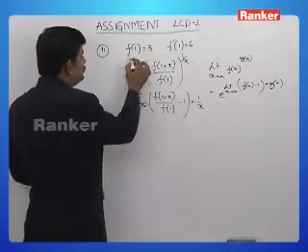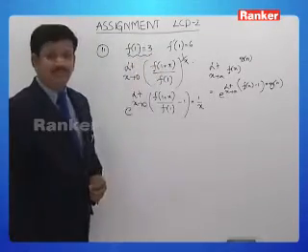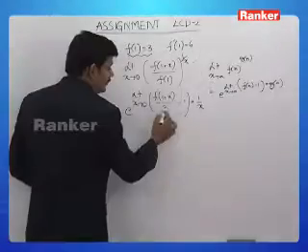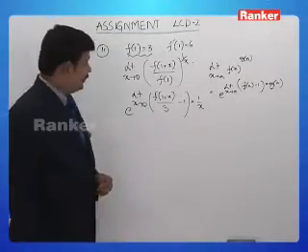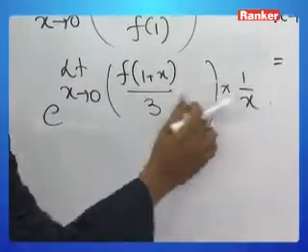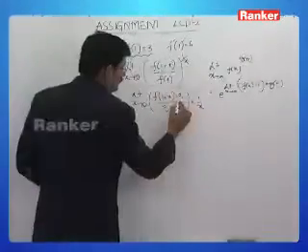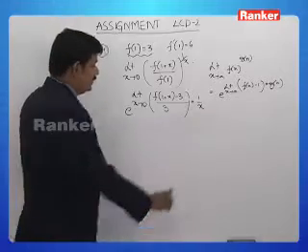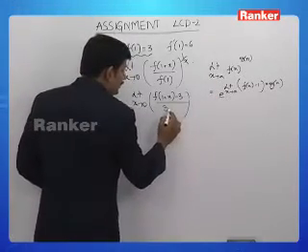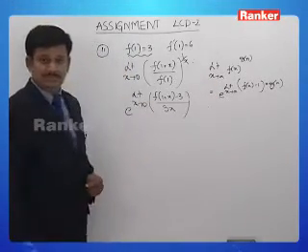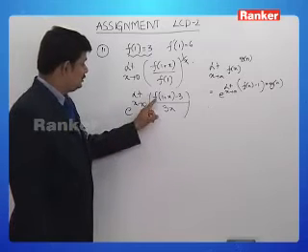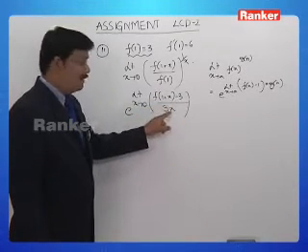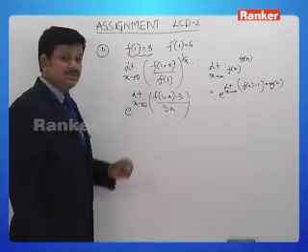For that, let us use the given information. f of 1 is 3, so we can replace it and write it as 3. Now, when we take the LCM, it is f of 1 plus x minus 3 divided by 3 into 1 by x, directly we can write 3x. Now, as x tends to 0, this is f of 1, which is 3, minus 3, 0, and x also tends to 0, so this is a 0 by 0 form.